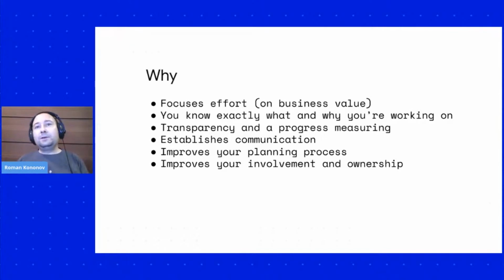It also establishes communication. For example, if two different teams are working on a very similar feature, you know exactly what they are focusing on and why, because you have business objectives aligned with the business strategy of the company, and you could compare. If your objectives are very close to theirs, you could collaborate and actually deliver even more than you could deliver by yourself, which is much better.